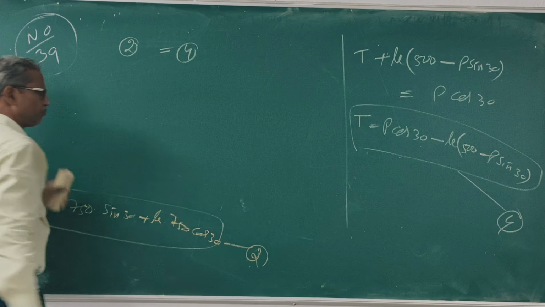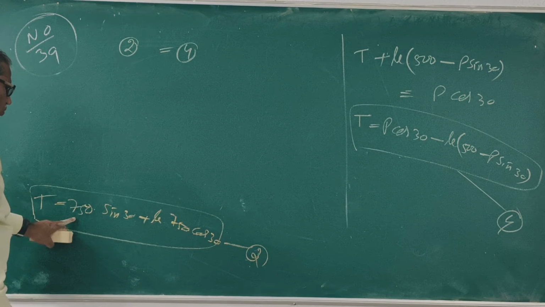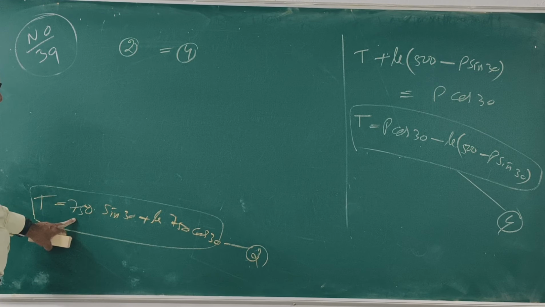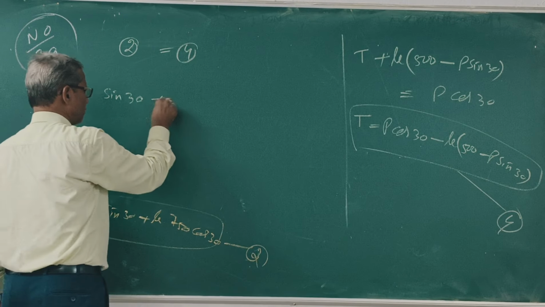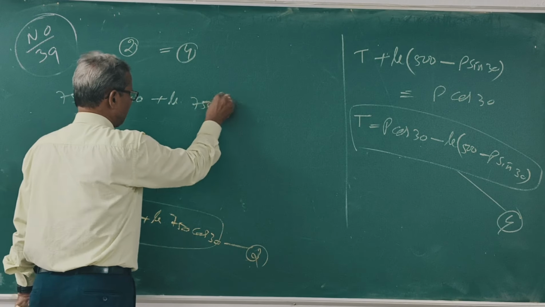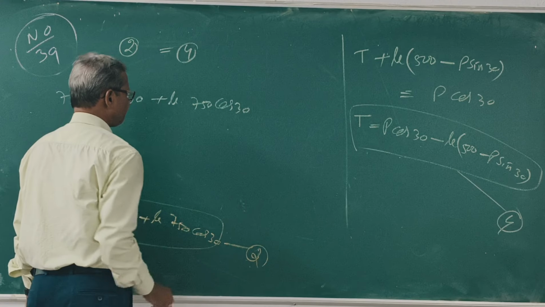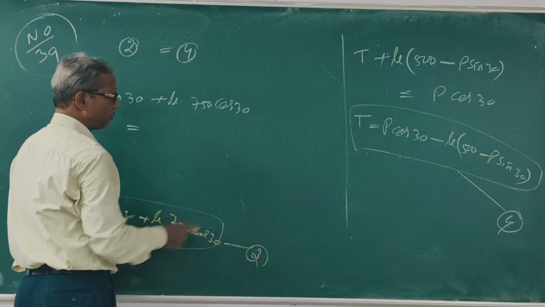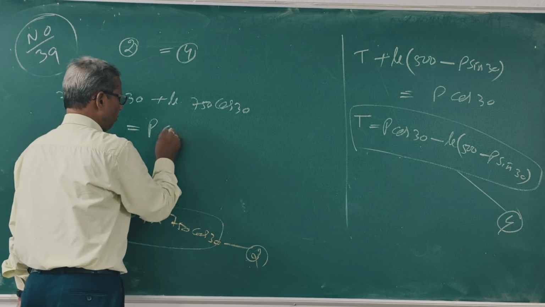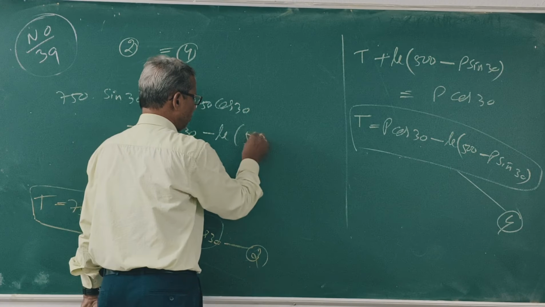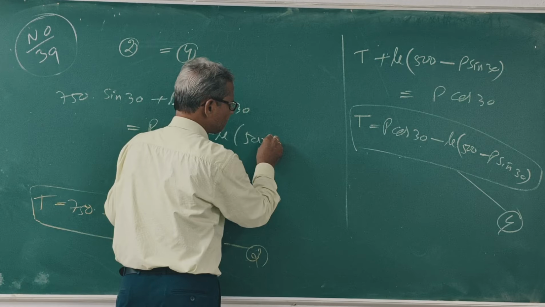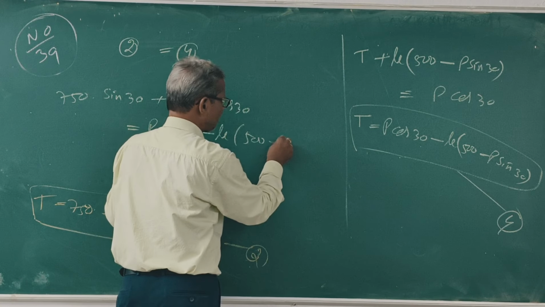What is equation 2? 750 sin 30 plus mu into 750 cos 30 is equal to P into cos 30 minus mu into 500 minus P sin 30.